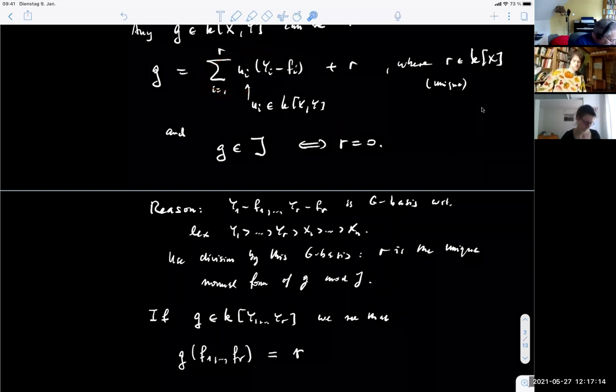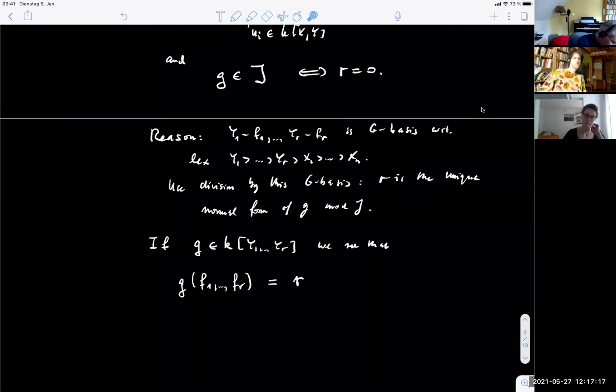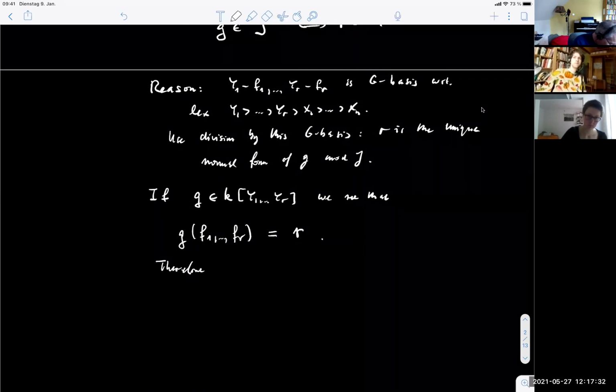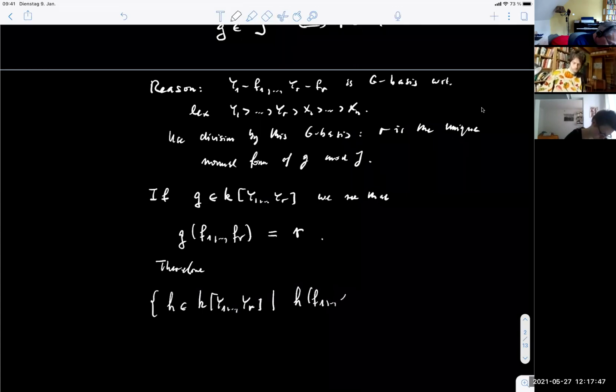Now we see something I introduced already last time towards the end, the ideal of polynomial relations, and I return to this. So I look at the set of all polynomials h in the y variables such that h, when I substitute the y's by the f's, gives 0.